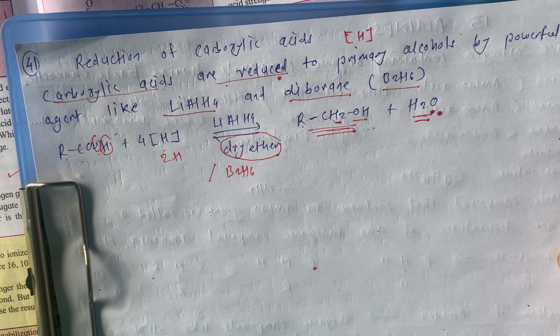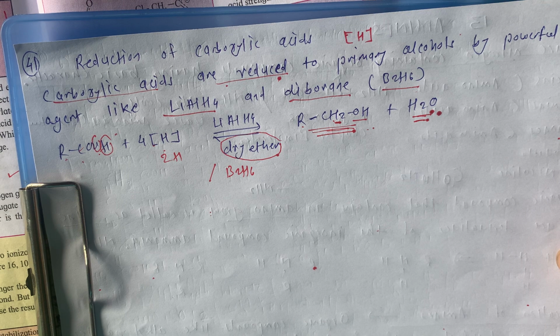So many reactions and so many concepts are here, and conceptually also this chapter is very important for your national level tests, for NEET or for IIT or CET. So you have to go through this chapter very thoroughly and practice and practice all the reactions and all of this chapter. So this is the end of this chapter.